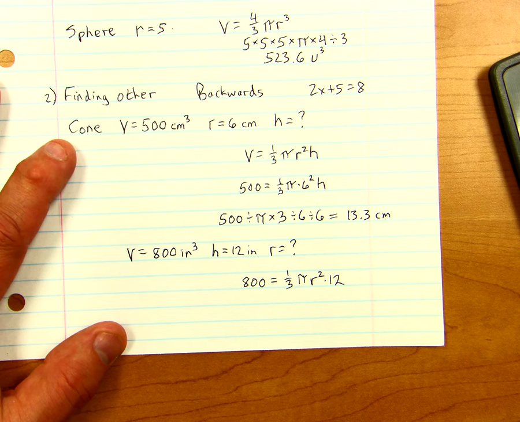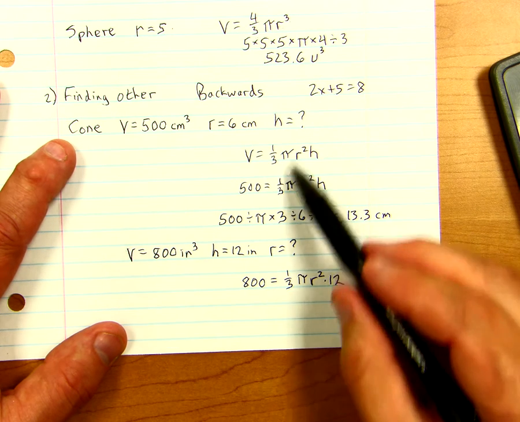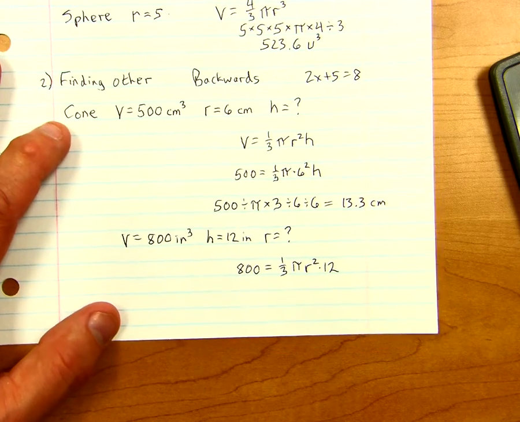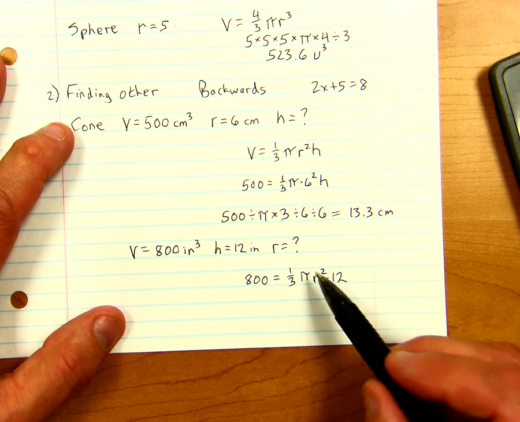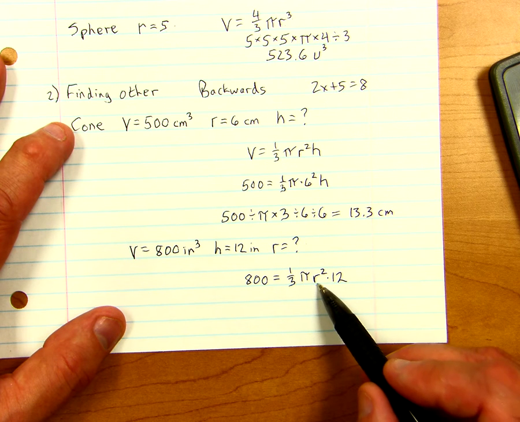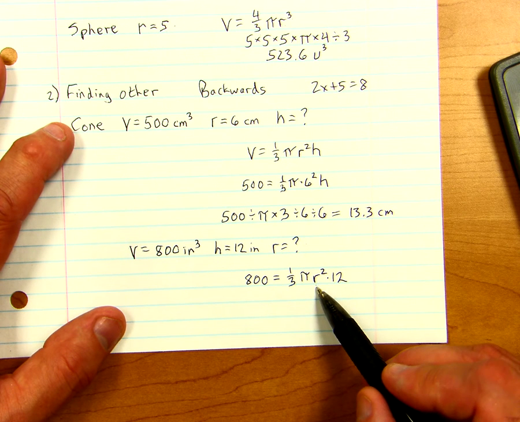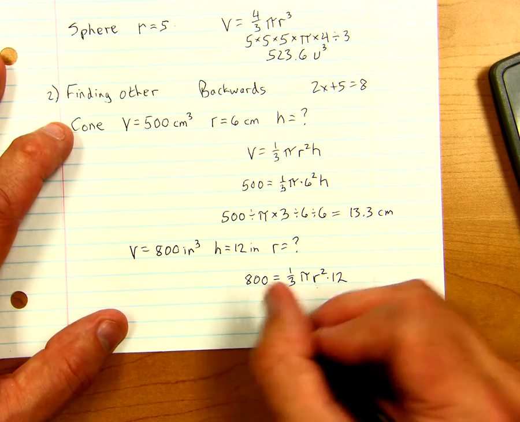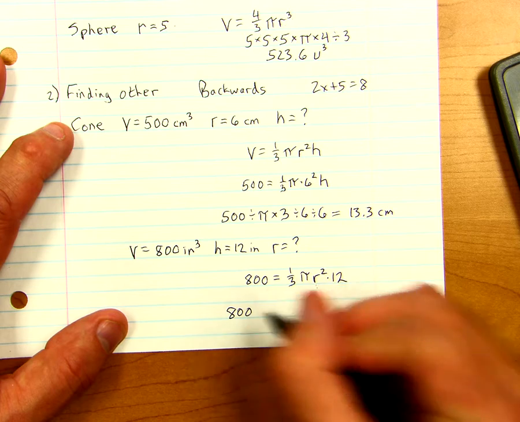What makes this different is now I'm looking for radius. Radius is the hardest thing to find. Okay, I'm still doing everything backwards. The last thing I'm doing is exponents, because order of operations, that's the first thing you do, right? So I'll save the exponent till the end. Once again, I start with what I ended with before, 800.